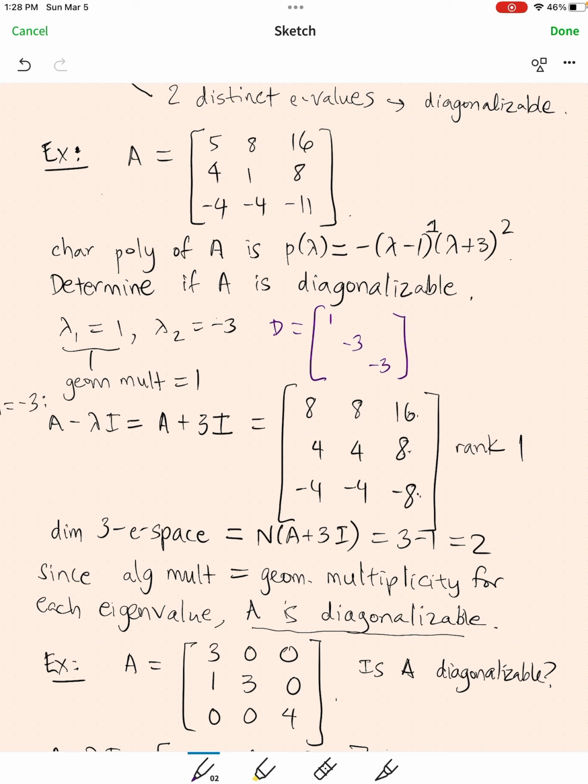I would need a 1 eigenvector, and I would need 2 linearly independent eigenvectors with eigenvalue -3. But that will take a bit more work, right? You're just finding a basis for the null space of A minus lambda I. And then you just stick in those eigenvectors for P. I mean, it's the same process as for a 2x2 matrix. Okay, so that's all I think I want to say about diagonalization. And so hopefully we'll have time to do some review problems.